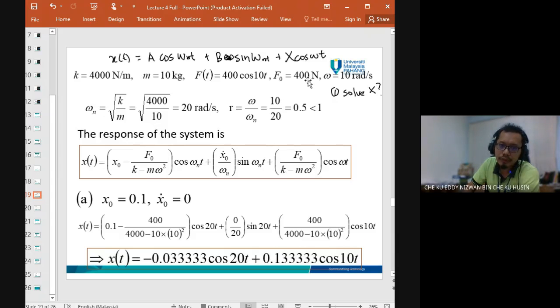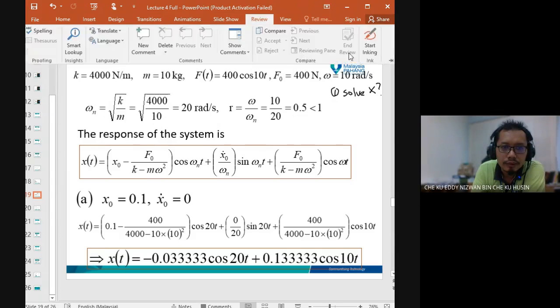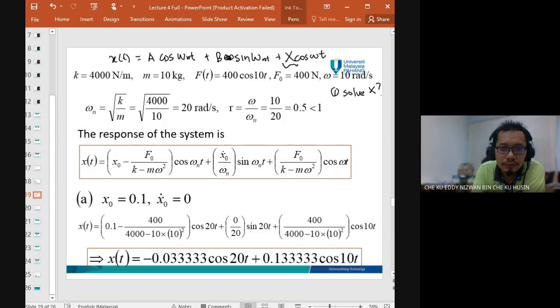Solve it, and this part is the particular solution, xp, and this one is the homogeneous solution.